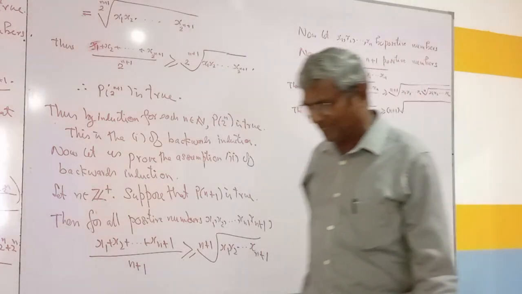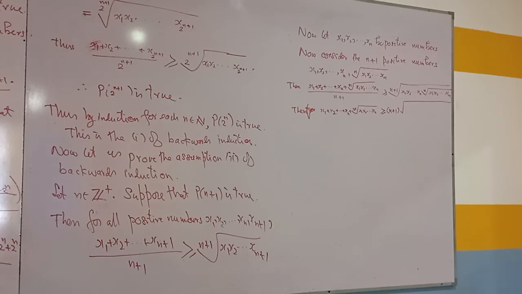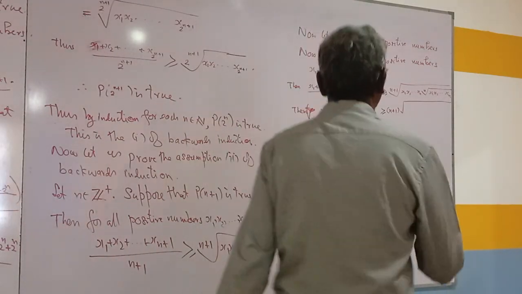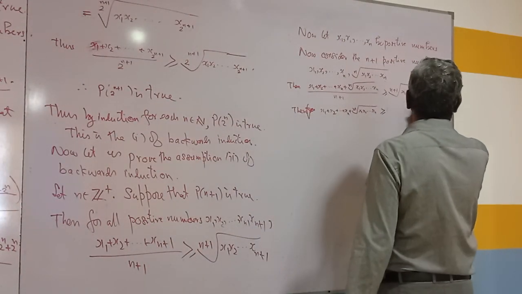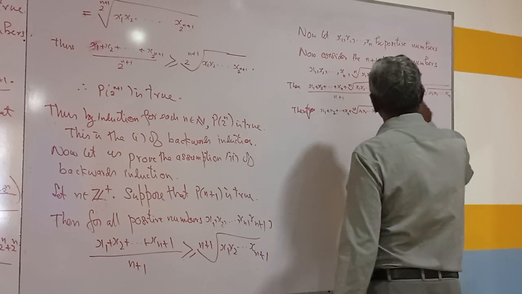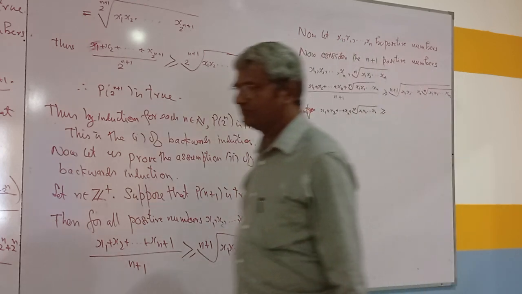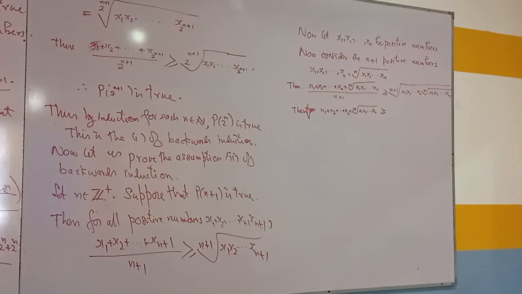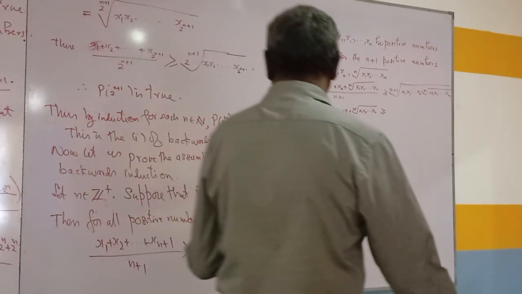What do I write? This is too slow, but I decided to do it because we are going to use it a lot: the AM-GM inequality. Without proving, I didn't use it.